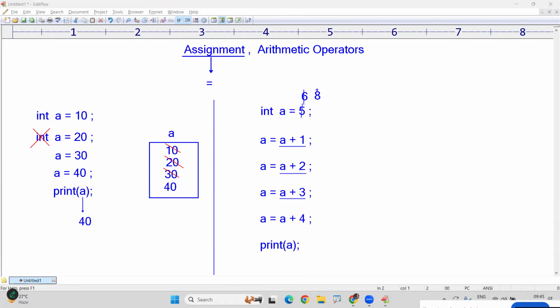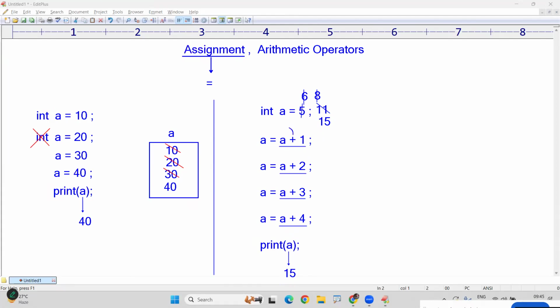Again a plus 3. 8 plus 3 is 11. Next, again 11 plus 4, a value becomes 15. So that final value whenever we are printing, the outcome 15 will come. Okay, just the assignment operator.